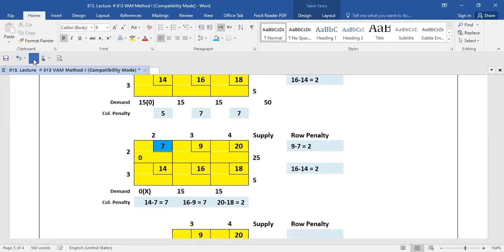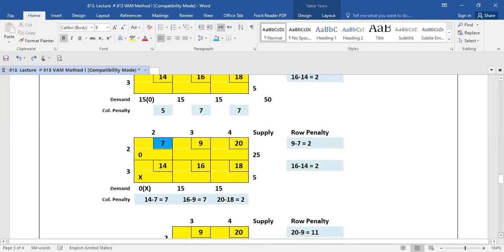It shows that your demand is complete. As your demand is complete, this column is now complete, and you will fill the remaining blank cell with the cross sign. Now it will be completely eliminated in the next table for our next allocation.